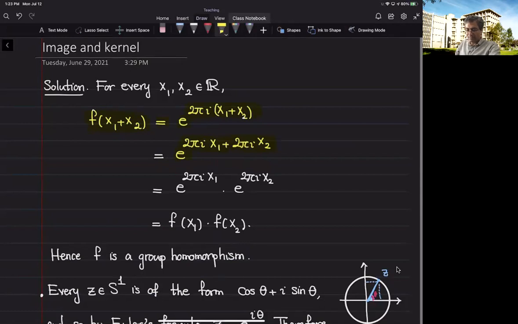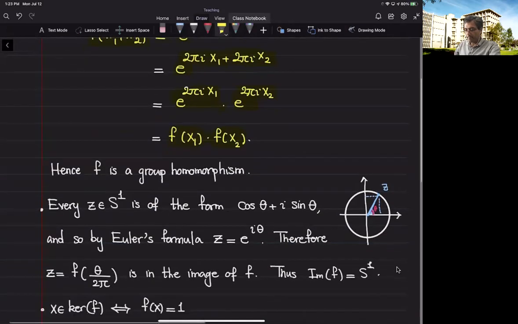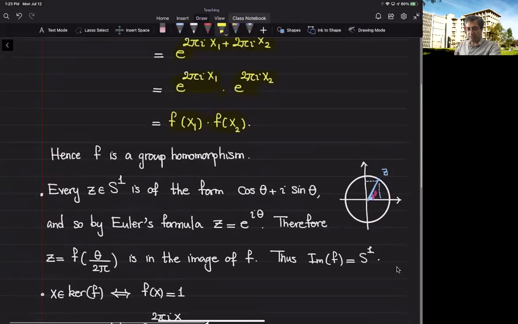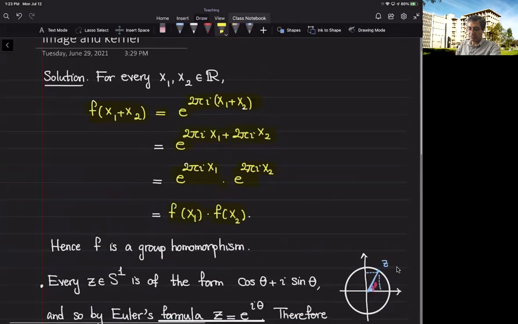But by the basic properties of the exponential function, I can split this plus and write it as multiplication. And that is f of x1 times f of x2. So f is indeed a group homomorphism because it preserves operations. It sends plus addition to dot.